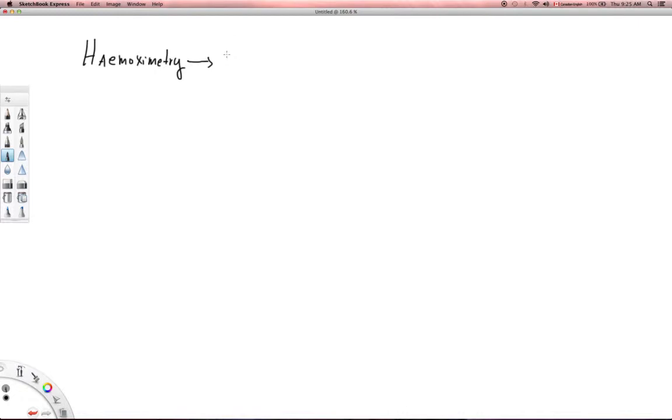The principle that underlies hemoximetry in pulse oximeters and arterial blood gas machines is known as spectrophotometry. Let me put that up there. Spectrophotometry. What a word.